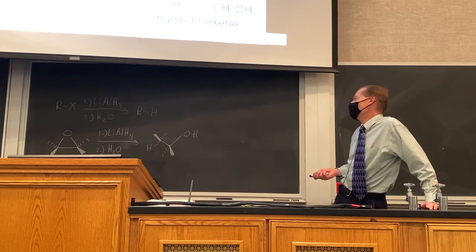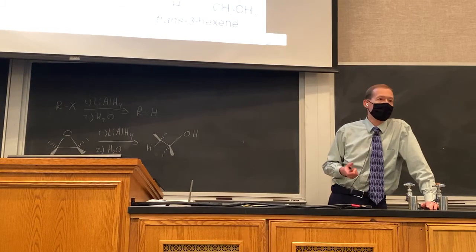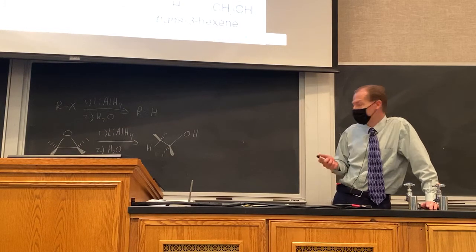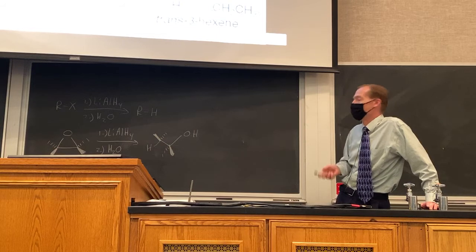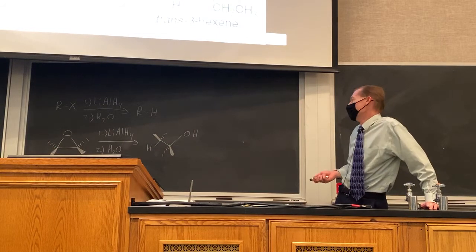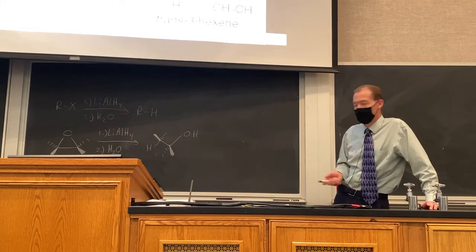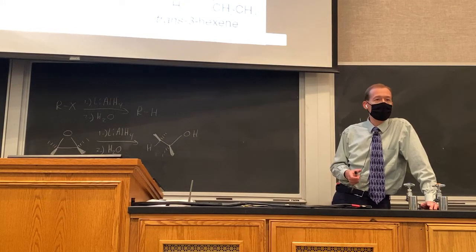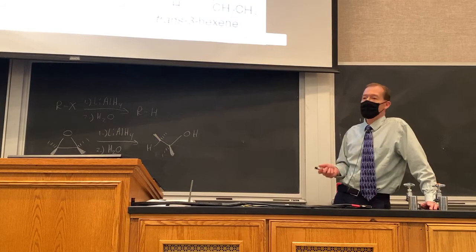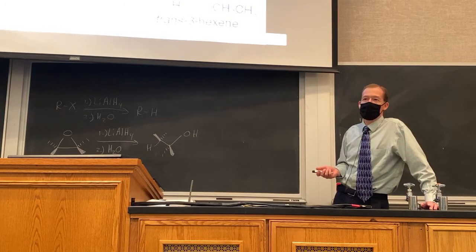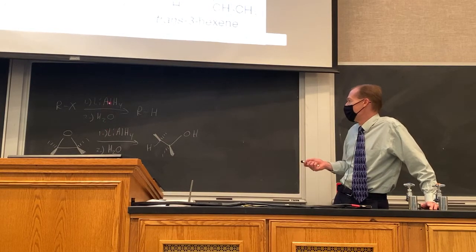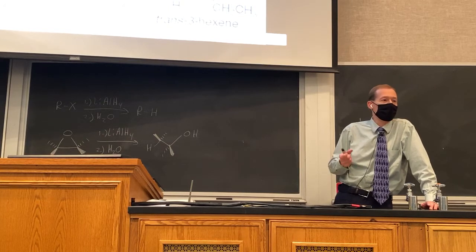We can also reduce epoxides with metal hydride reagents, breaking one of the carbon-oxygen bonds of the epoxide and replacing it with a carbon-hydrogen bond. In the first case, the water is actually not participating in the reduction. The water is in there to quench the flammable byproduct that results from the lithium aluminum hydride.